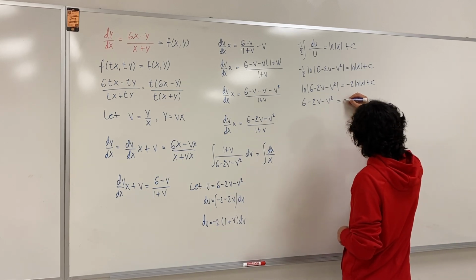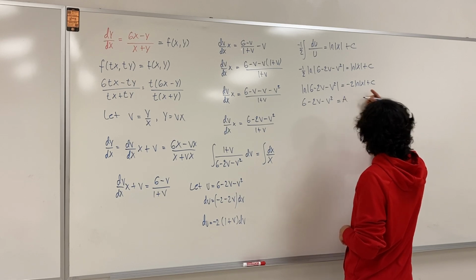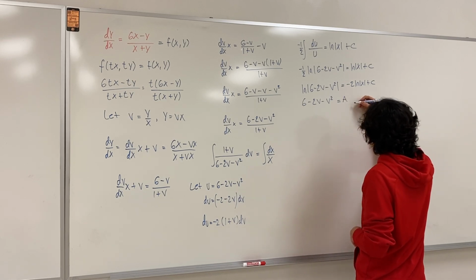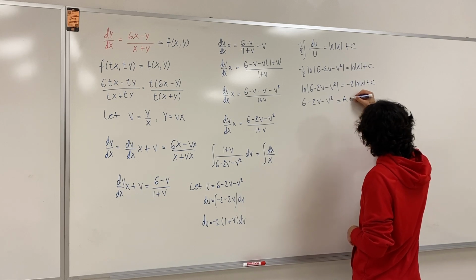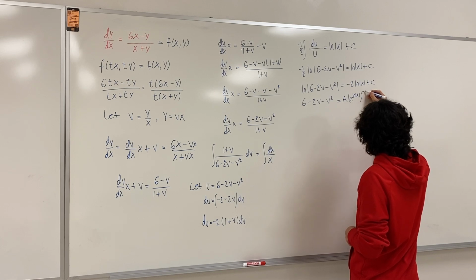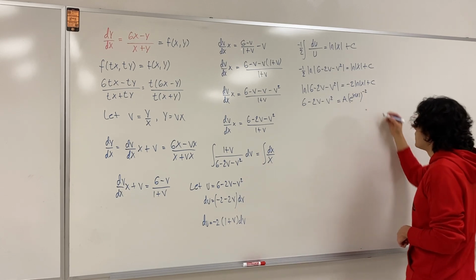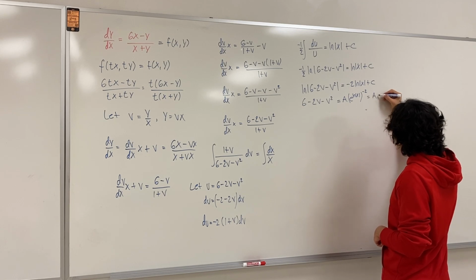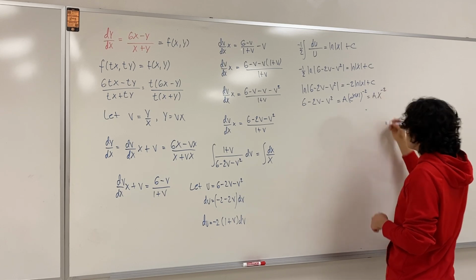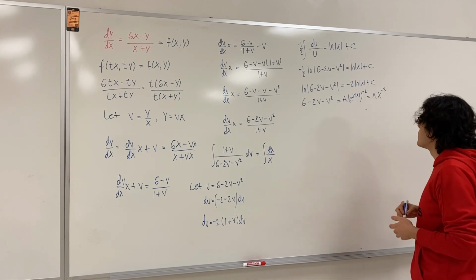I'm going to say we're going to have a constant, a, which is going to correspond to this, and then remember that when you exponentiate this is the same as doing e to the ln x, and then all of this to the -1/2, okay? So overall, this will just become a x to the -1/2, okay?